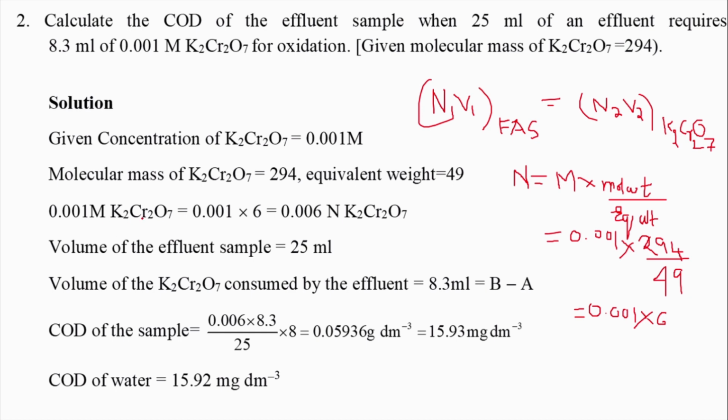0.001 molar K2Cr2O7 will be equal to 0.006 normal K2Cr2O7, and it will be equivalent to the normality of FAS because N1 V1 is equal to N2 V2.